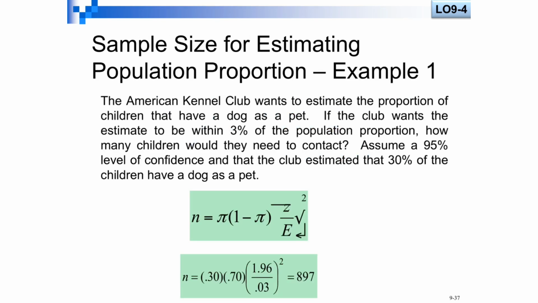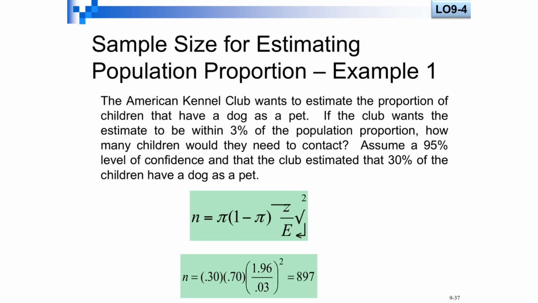The American Kennel Club wants to estimate the proportion of children that have a dog as a pet. If the club wants to estimate to be within 3% of the population proportion, so you see that the margin is 3, how many children would they need to contact? This is the sample size, and the confidence level is 95%. The club estimates that 30% of the children have a dog, so the population proportion is 30%.